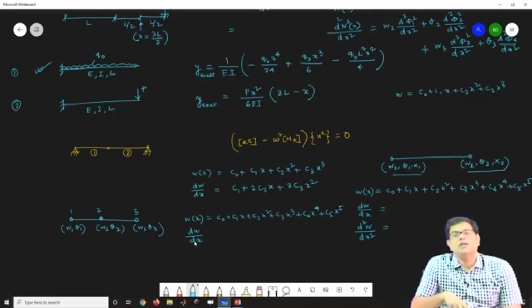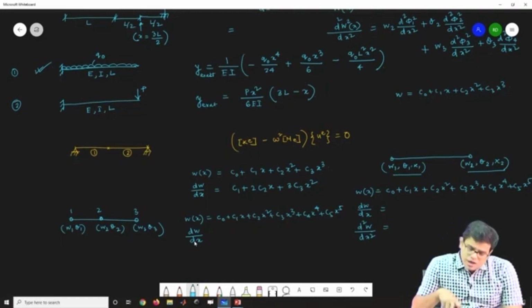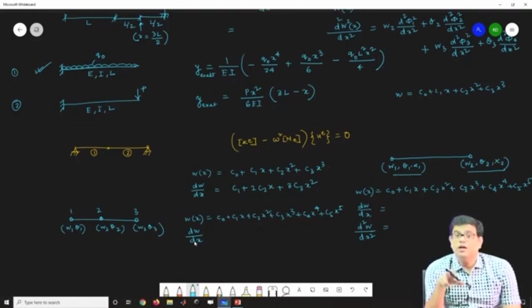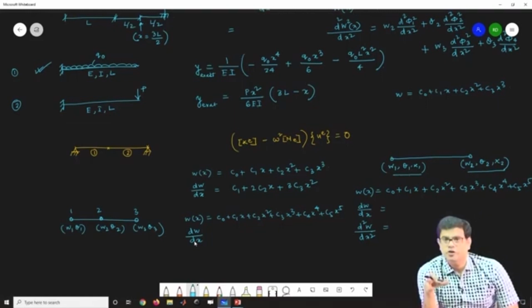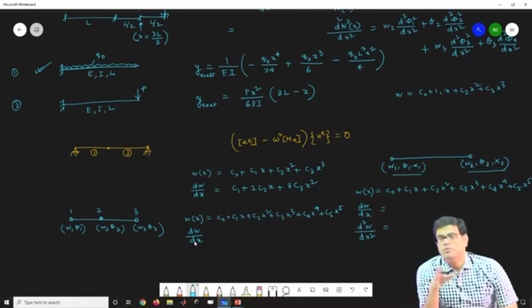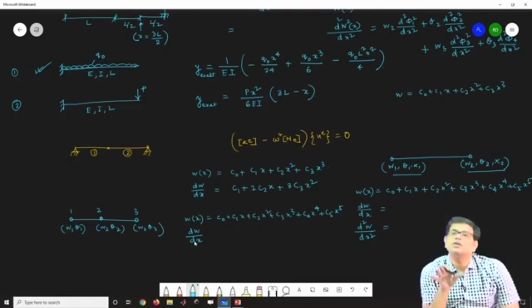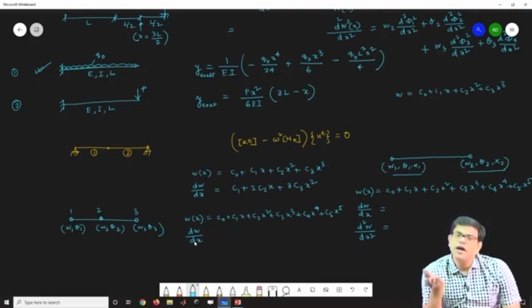Here the sixth condition comes from the three nodes, not because of the second derivative continuity.